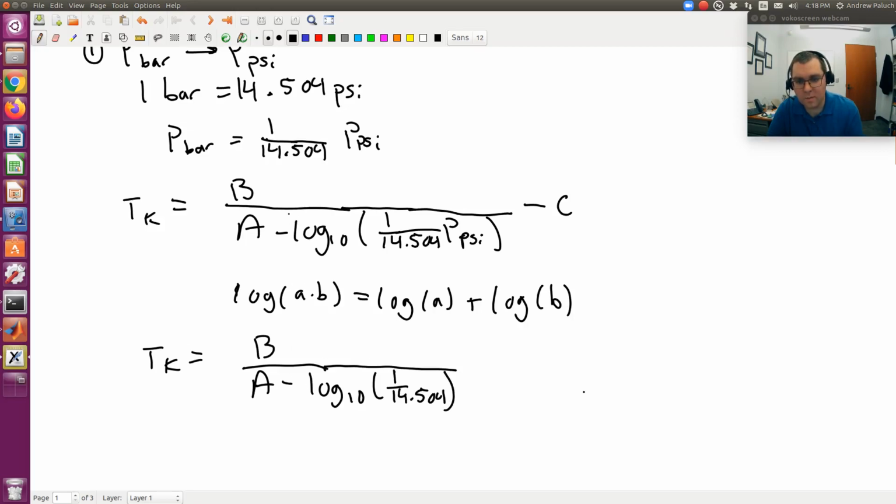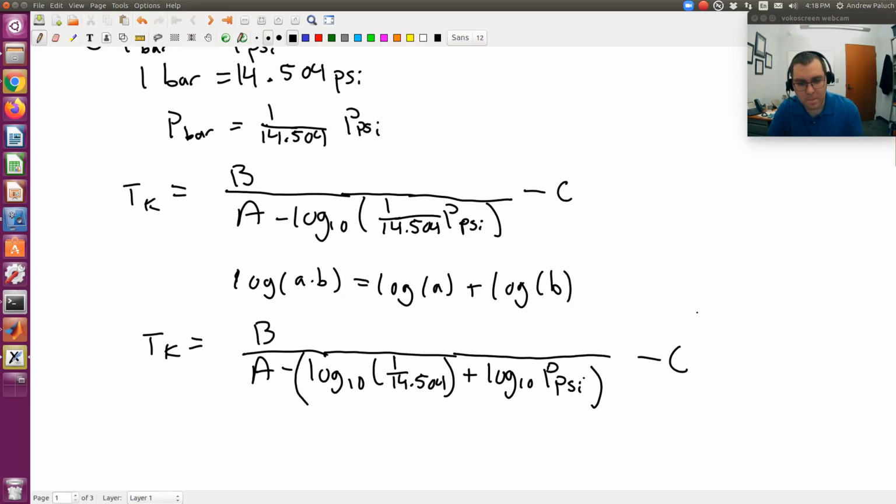And remember this is minus, so plus log base 10 of my pressure in PSI, minus C.